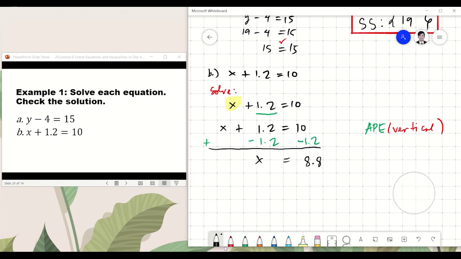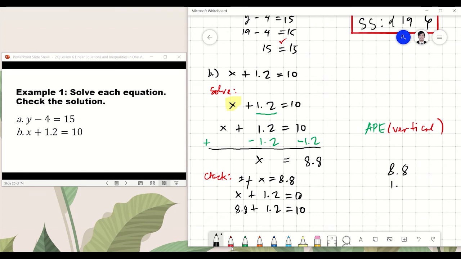But, to make sure that our answer is really correct, we need to double check. So, to double check, we need to substitute 8.8 to the x. So kapag yung x natin, pinalitan natin siya ng 8.8, 8.8 plus 1.2, 8 plus 2 is 10, 1 plus 8 plus 1 is 10.